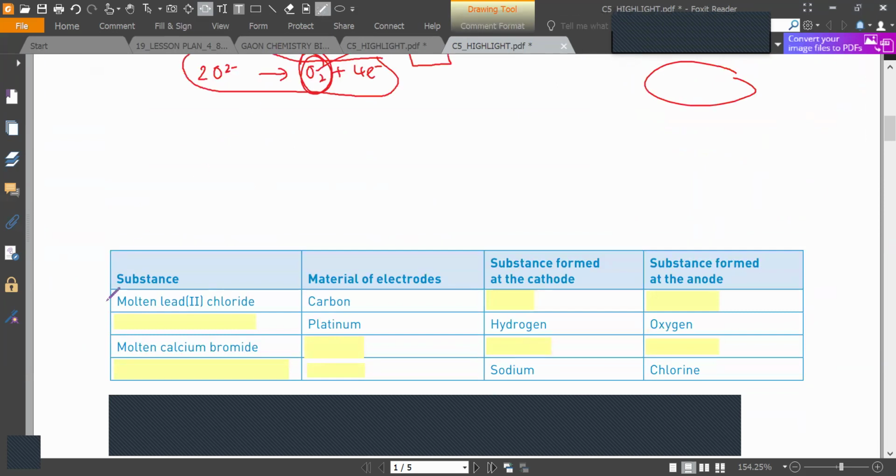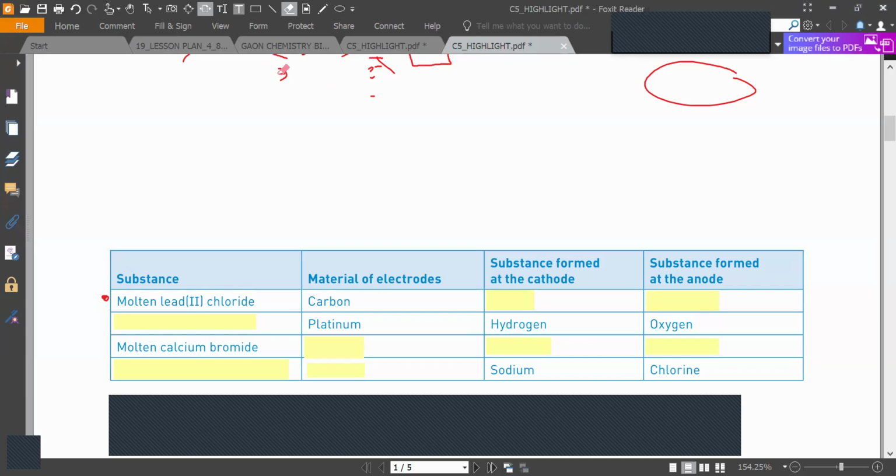First one, we have molten lead chloride. Let me erase. How do we analyze this situation?